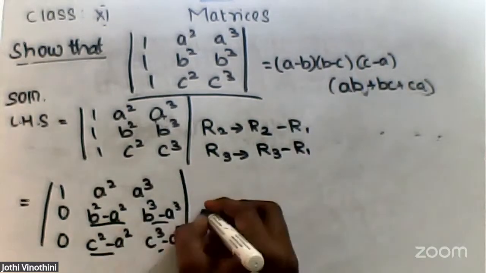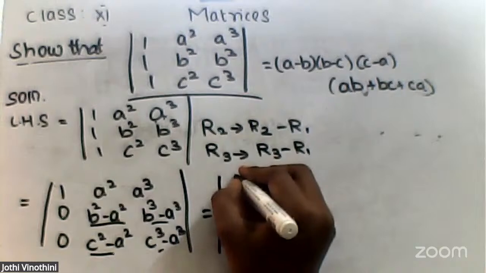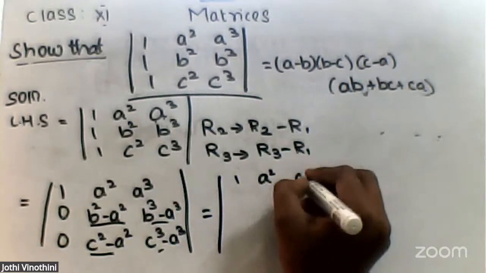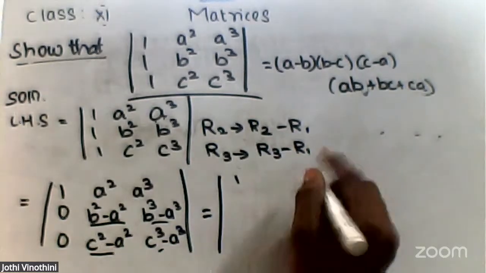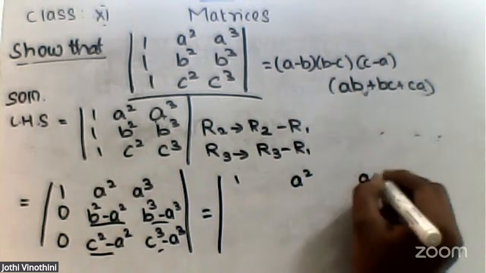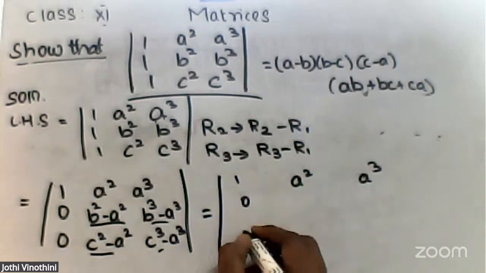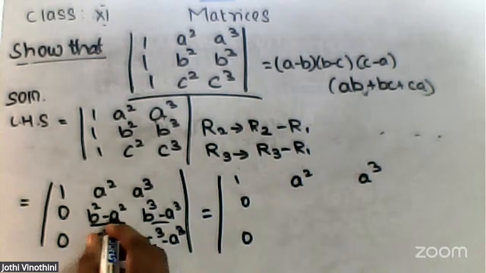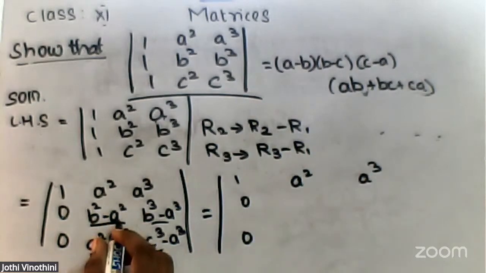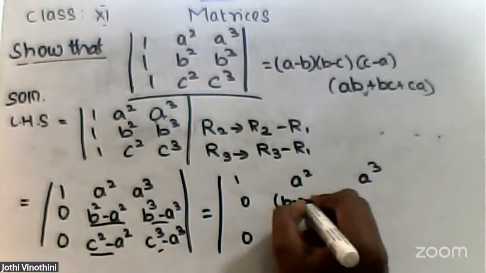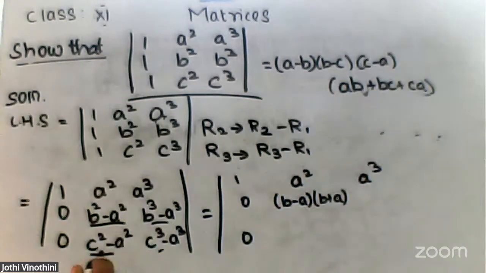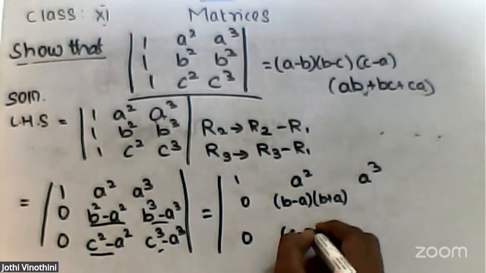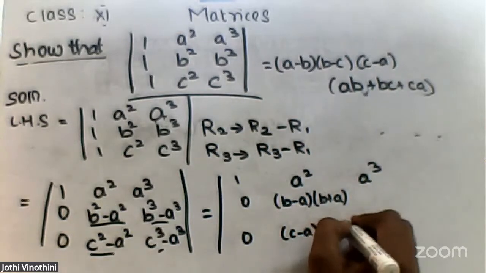So I am writing: the first row 1, a squared, a cube, then 0 and 0 in the first column. Here we have b squared minus a squared, so it becomes b minus a multiplied by b plus a. Here c squared minus a squared becomes c minus a multiplied by c plus a.